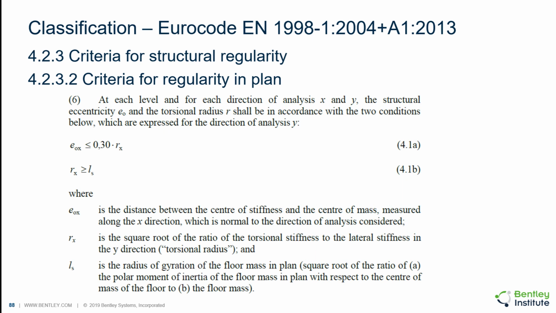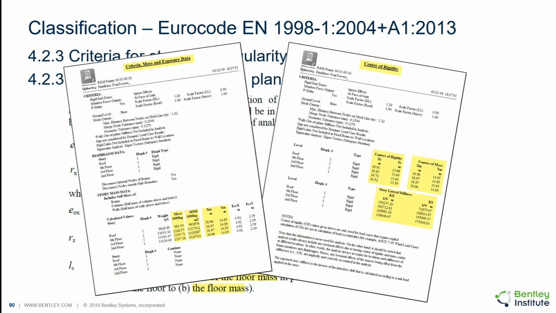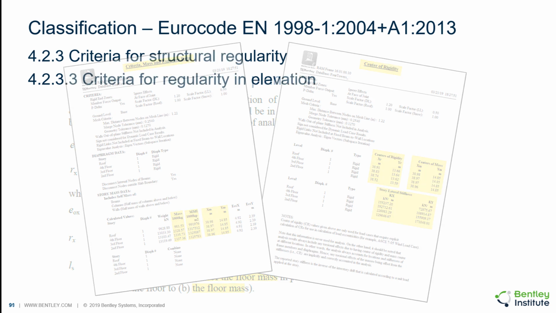Item 6 is a measure of the susceptibility to torsion and the ability to resist that torsion. It is a function of the mass properties, the offset of the center of mass from the center of stiffness, and the torsional stiffness. These values can be obtained from the structural model.